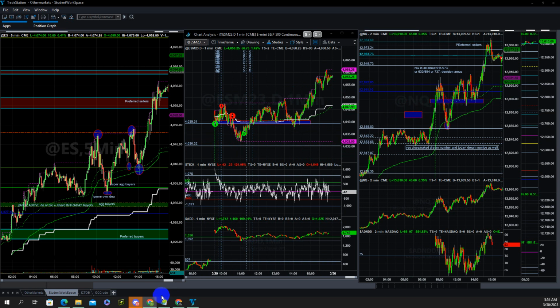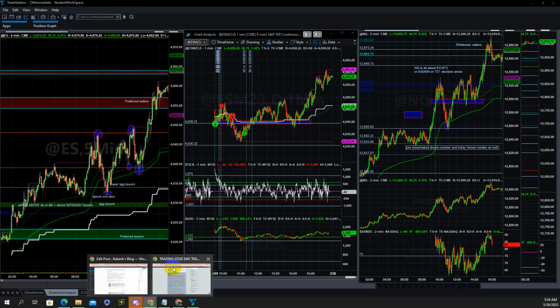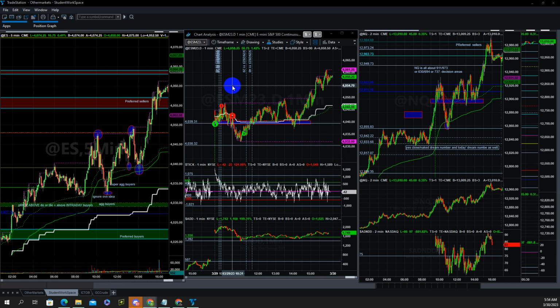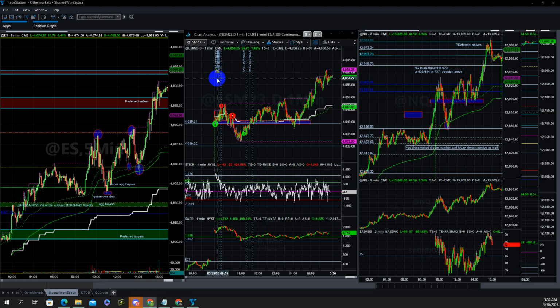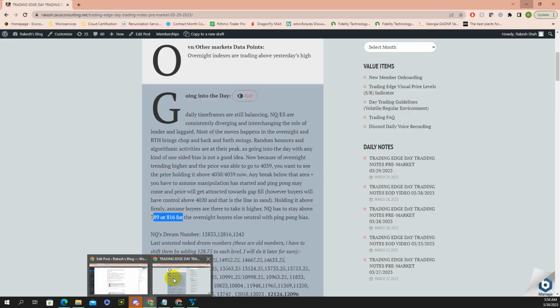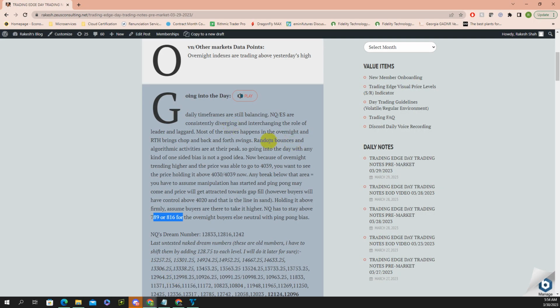So see, the problem now starts. If you look at only the pre-market notes and just go with that idea, whatever I thought before open, usually that idea works out nicely, if you don't get diverted by this intraday price action, which is manipulative. As I already said, price is now the law of algorithmic activities and random bounces.